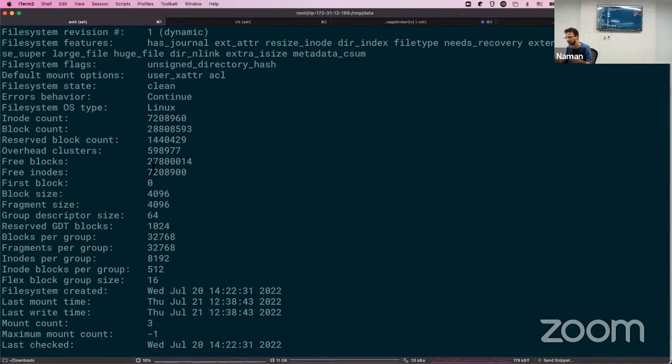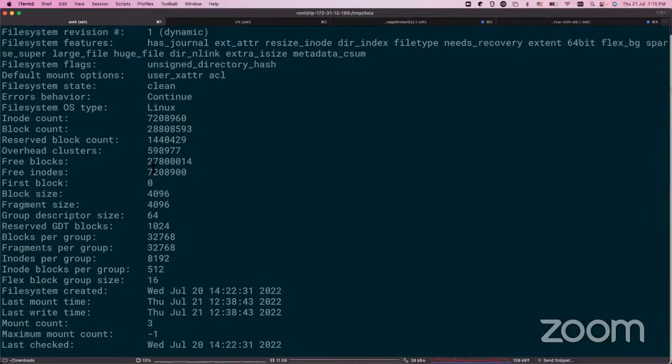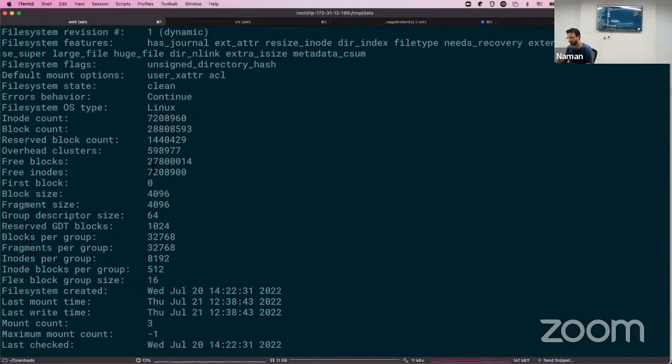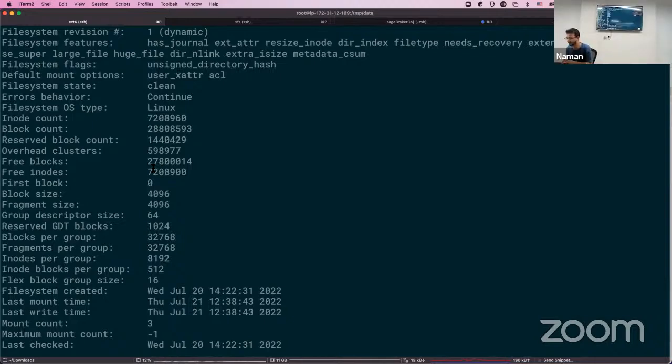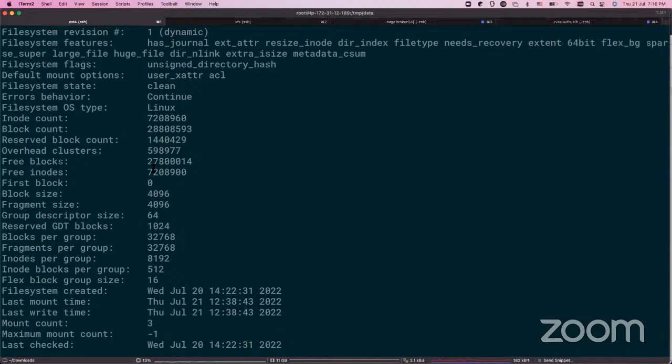I think of an inode as a table, like a map, with pointers to the file's locations. Right. For each file we will have an inode, but each file can have multiple blocks. Each file has multiple blocks, but only one inode.